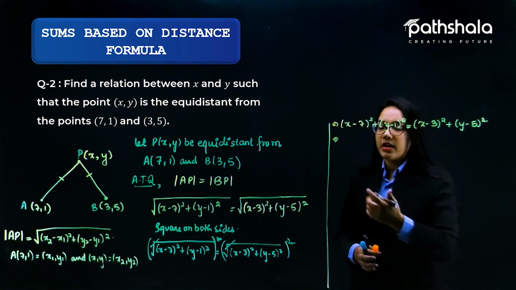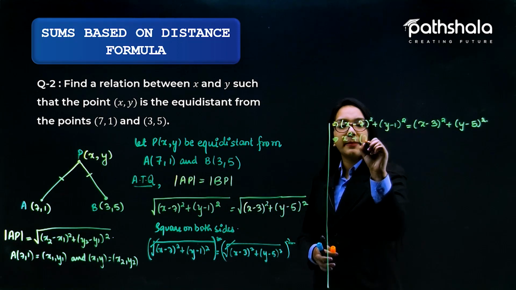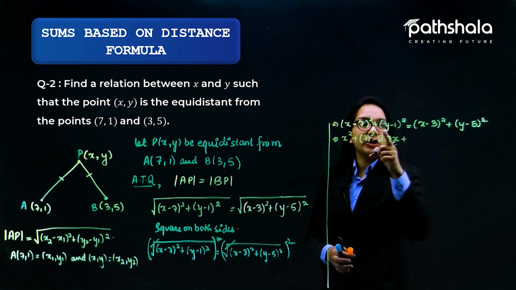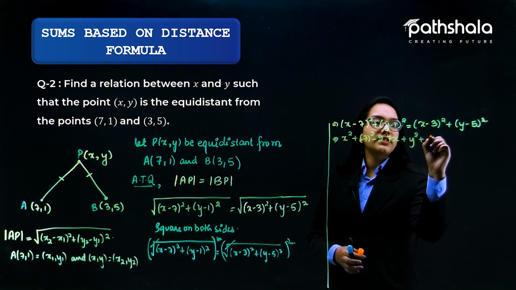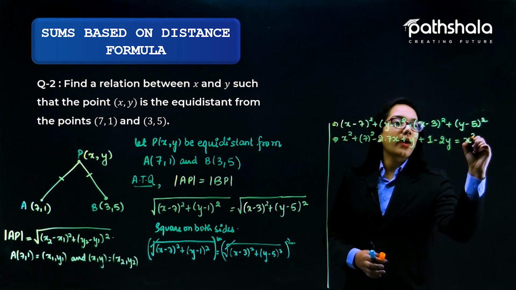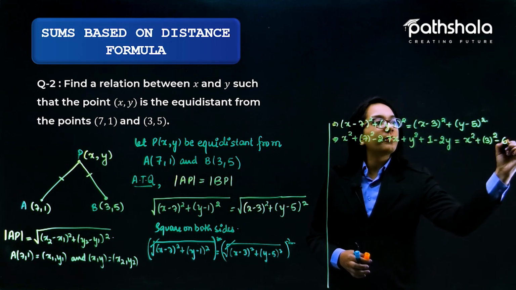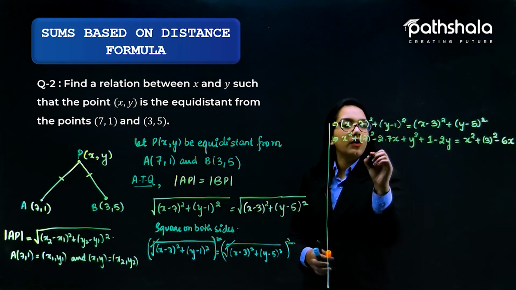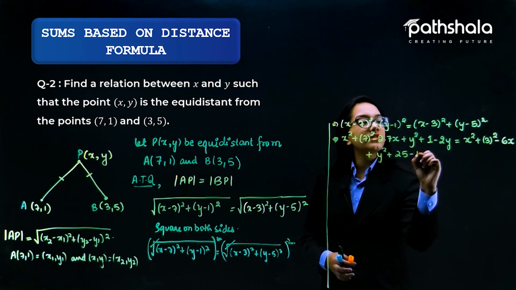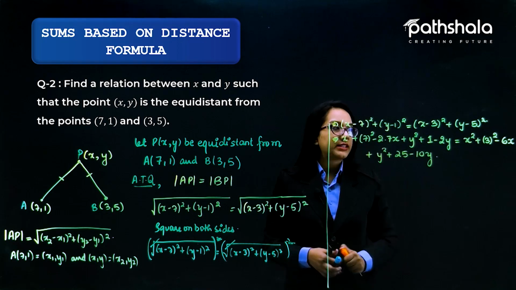Now we can apply the algebraic identity, (a minus b) whole square, which is a square plus b square minus 2ab, to each term. Let's cancel out the values that cancel.